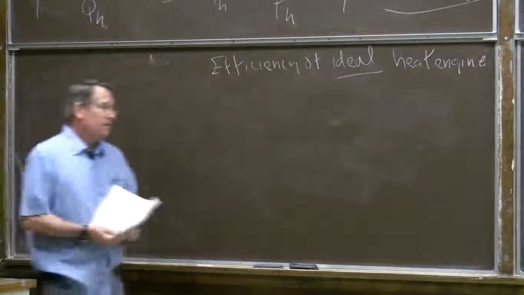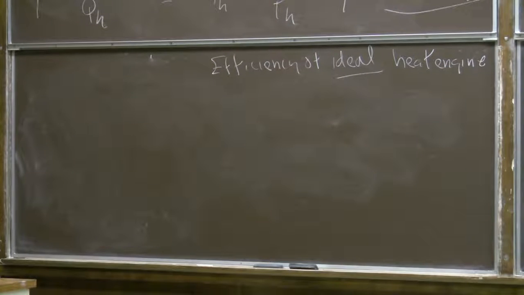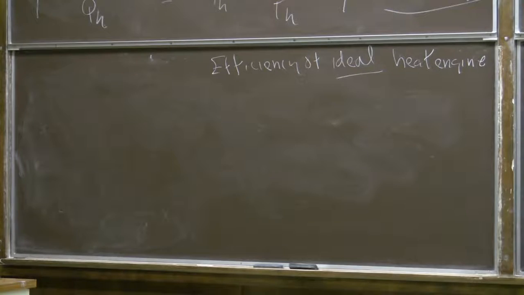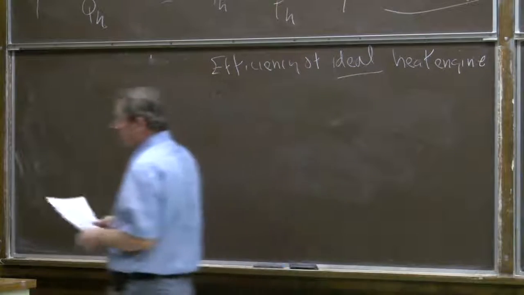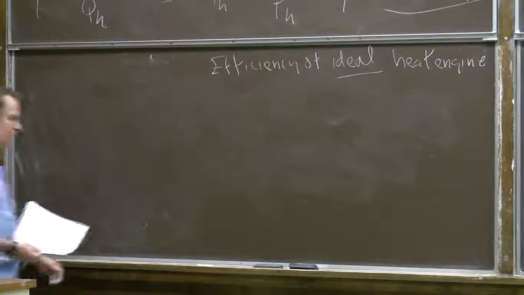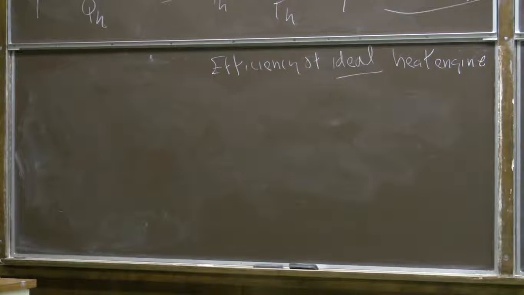Now, in practice, and sometimes it comes as a surprise to physics students, things are not always perfect, and so we can't attain the ideal efficiency for various reasons. There's friction, there's some uncontrolled heat flow from the high to low temperature reservoirs, there's some irreversible expansion, and so on.